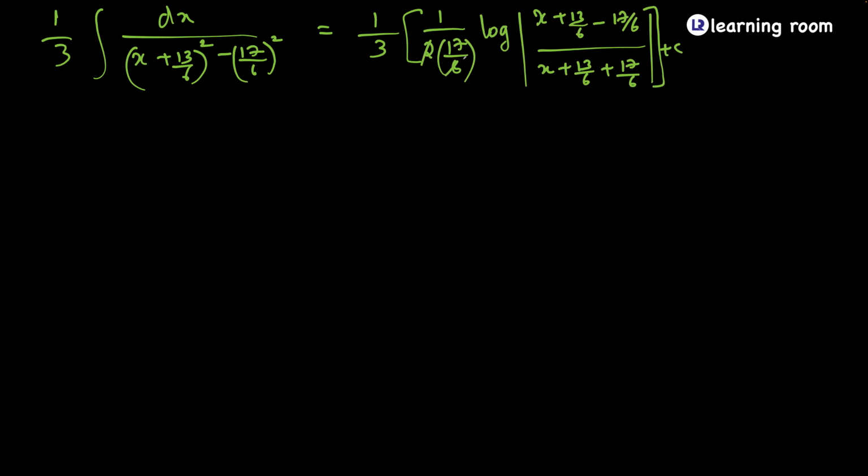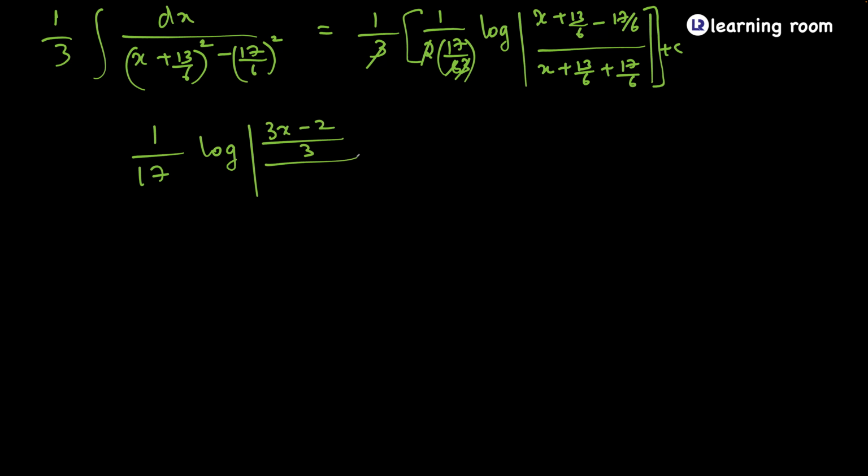So 2 will cancel this 3 times. So 3 and 3 are gone. So what is it that you're left with? 1 by 17 times log of mod, listen, 13 minus 17 is minus 4. So minus 4 by 6 is minus 2 by 3. So you will have 3x minus 2 the whole divided by 3, the whole divided by 13 plus 17 is 30.